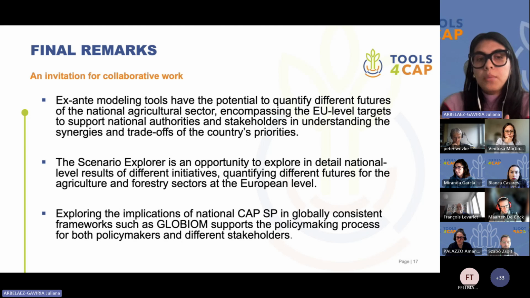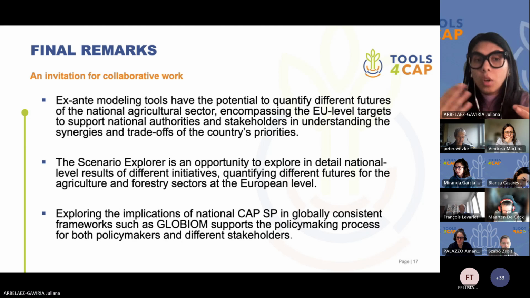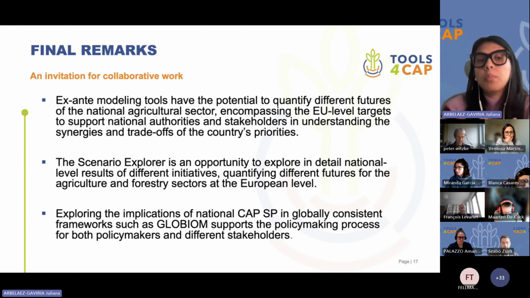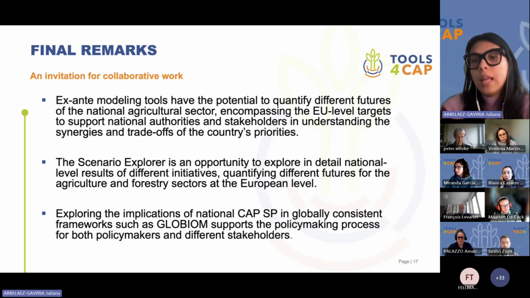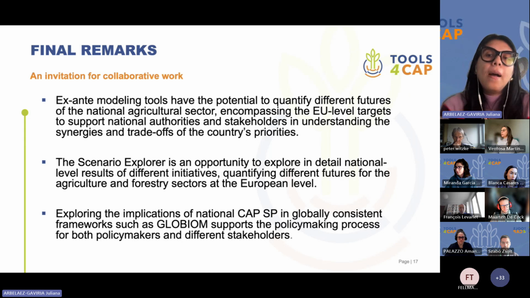We know that sometimes the capacities to run such models are difficult to accomplish, but therefore we could think of ways that we can come together and cooperate in understanding, for example, the outputs of the models and try to support the analysis at the country level with the outputs that we already produce in all the work that has been going on within the modeling groups to implement the CAPRI strategic plans and to make sense of the CAPRI strategic plans in terms of, for example, the results indicators and different interventions.